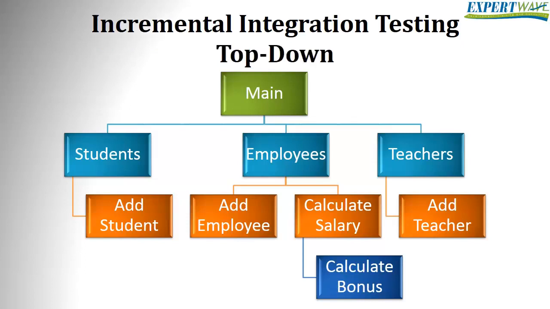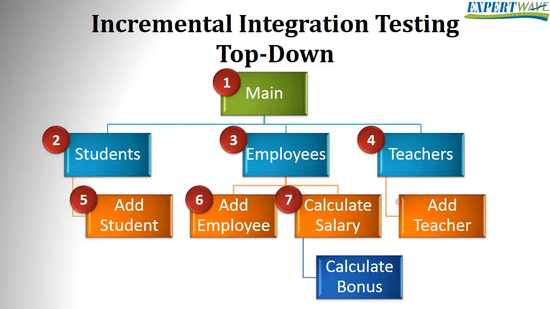First, top-down integration. This is where the system is built in stages, starting with components at the top level, then going to lower levels, till we finish the whole system. In our example, the sequence of building the components will be as follows from top to bottom.